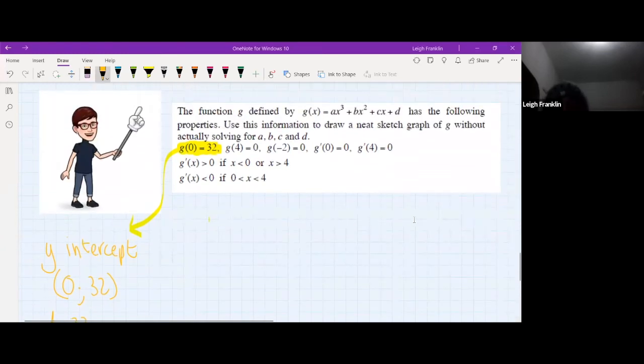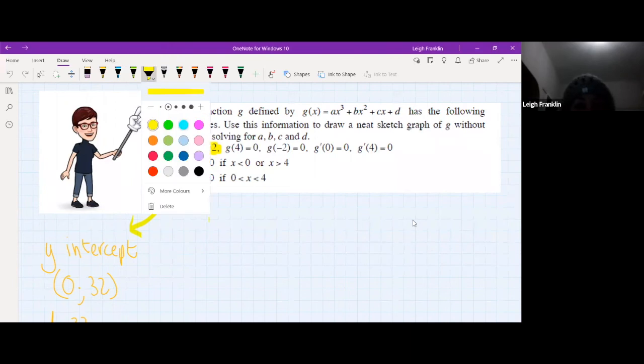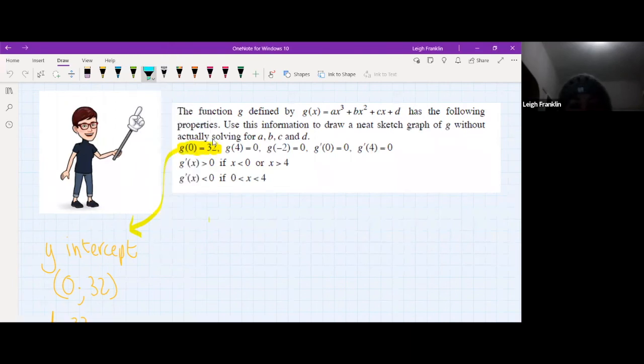Now let's look carefully at the rest of the information. The next point, I'm going to highlight it in a different color. The next thing that they tell us is that G of 4 equals 0. What does this mean, matrix?